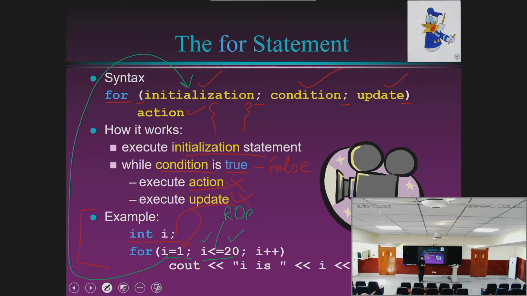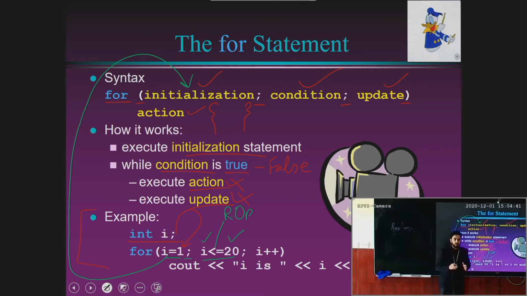Our loop will be executed for 20 iterations, starting from 1 and going up to less than or equal to 20. It means we start from the first iteration, then proceed to the second, third, fourth, fifth, until it reaches 20 iterations.